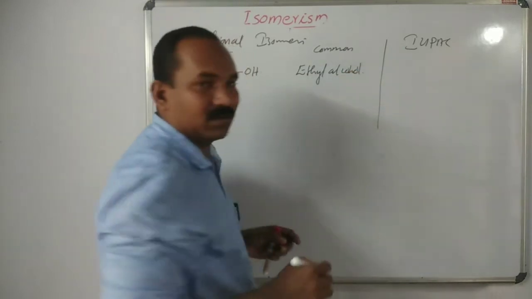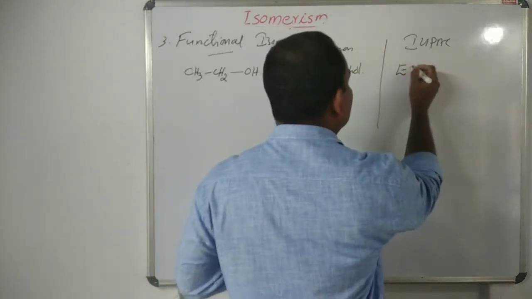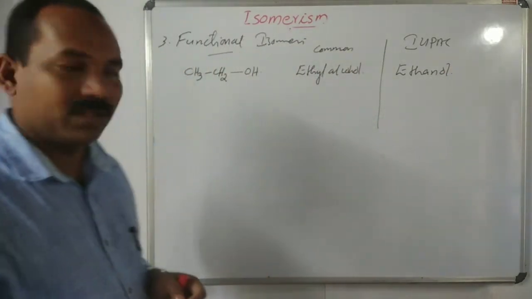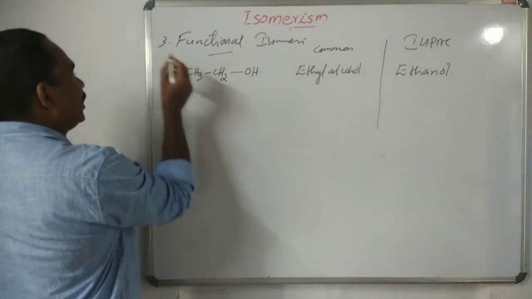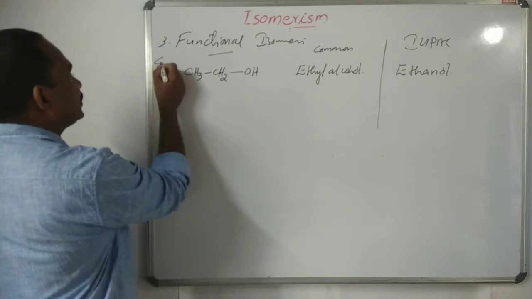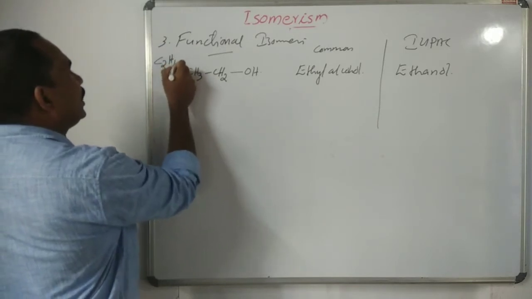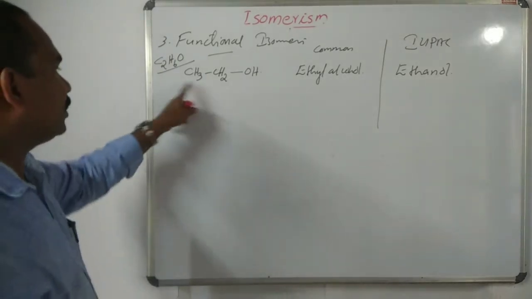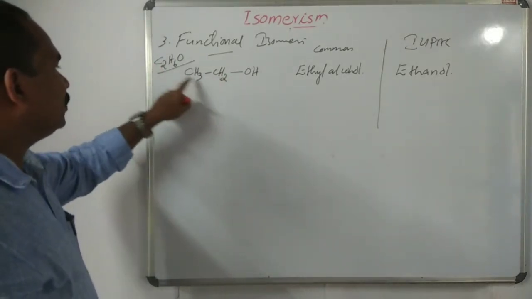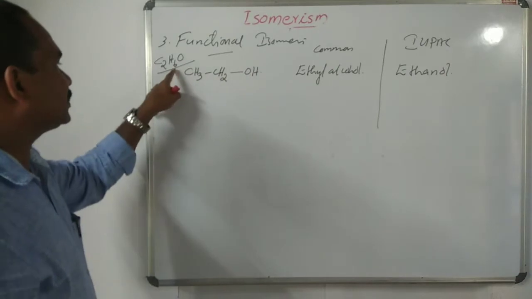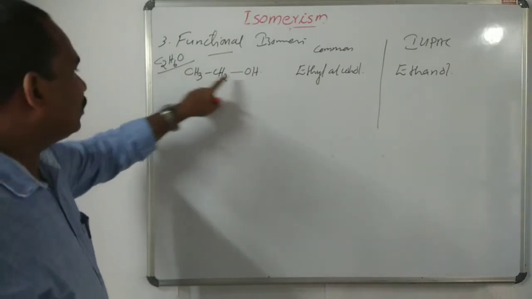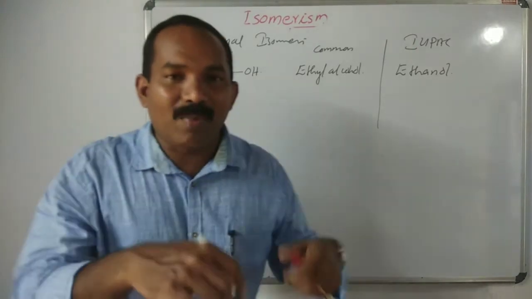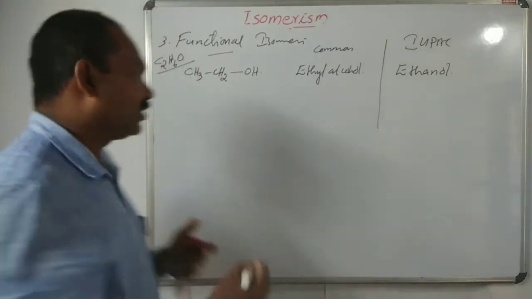The IUPAC name is ethanol. The formula of this molecule is C2H6O. What is the molecular formula? 2 carbon atoms, 3 plus 2 plus 1, 6 hydrogen, 1 oxygen. With the same molecular formula but a different functional group, one compound is there.